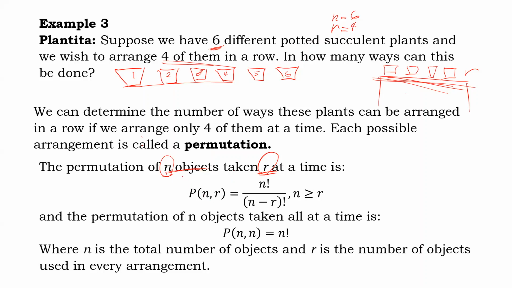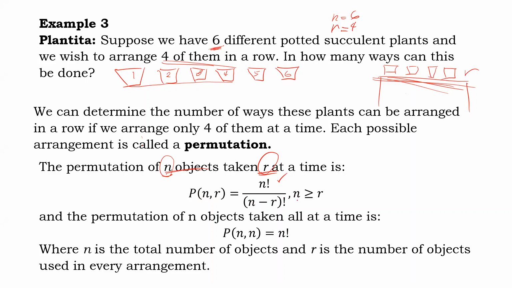The permutation of n objects taken r at a time is read as n permutation r. N permutation r is equal to n factorial divided by n minus r factorial.